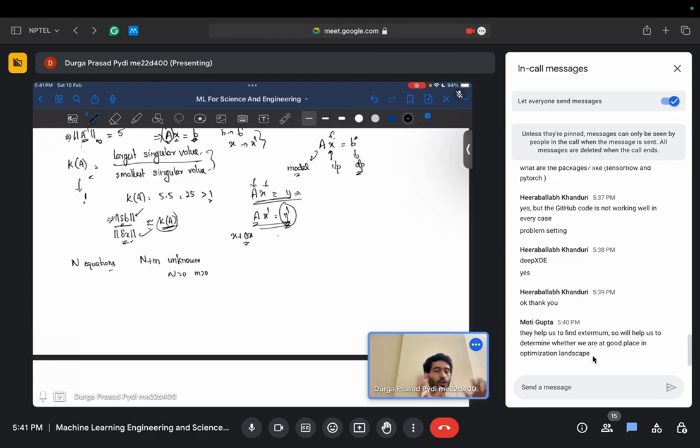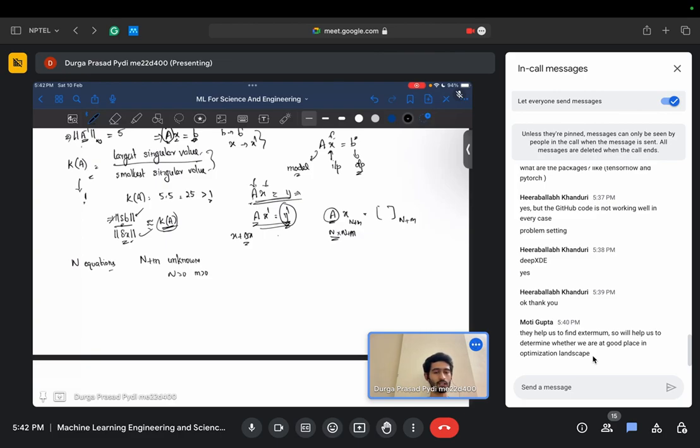If you were to formulate it as a system of equations, your X will be of size n plus m, but A will only have n equations, so A will be n by n plus m. This is not a square matrix, so you cannot take its inverse, and then you will not be able to solve anything.